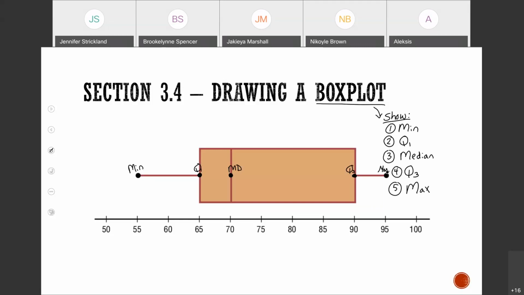We basically plot those 5 points on the graph, and then we draw the picture around it. Okay, so we're going to take an example and just make sure that we can draw the box plot to go with it.